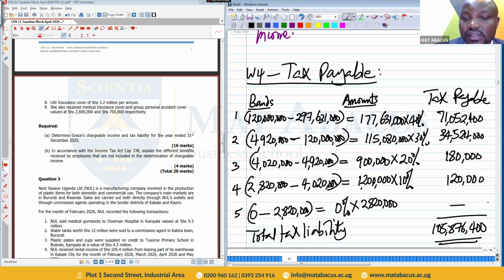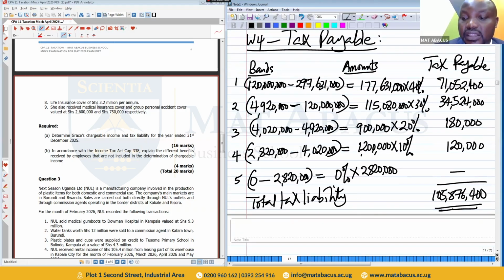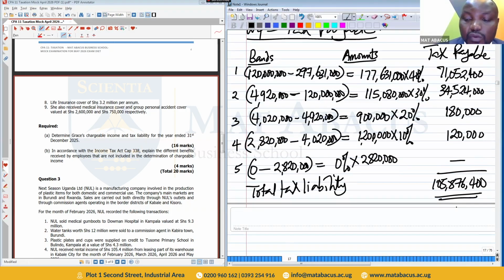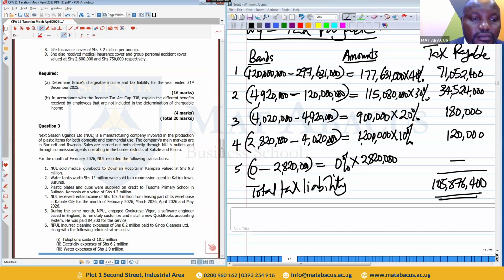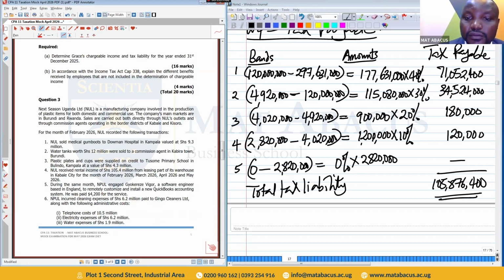That would be the tax payable for this person. Earning 297 million would pay 105,876,400. And that would be the tax payable for the year ended 31st December 2025.